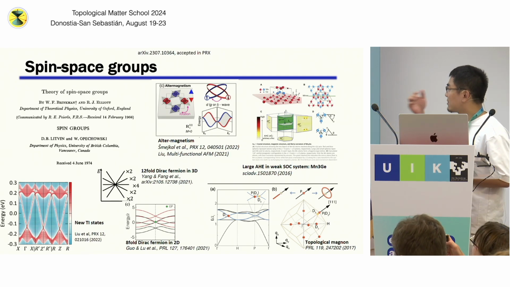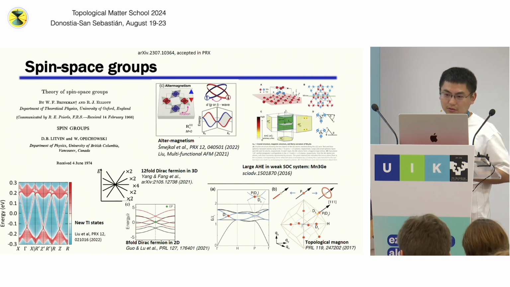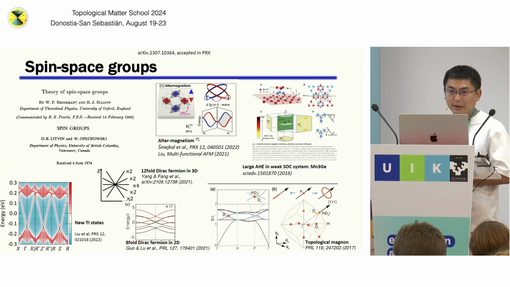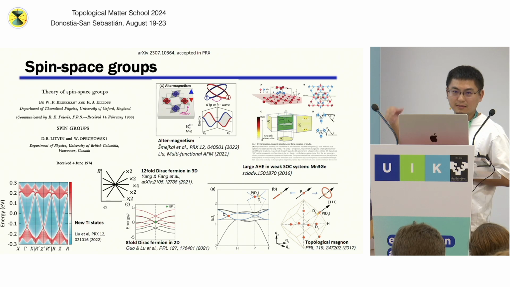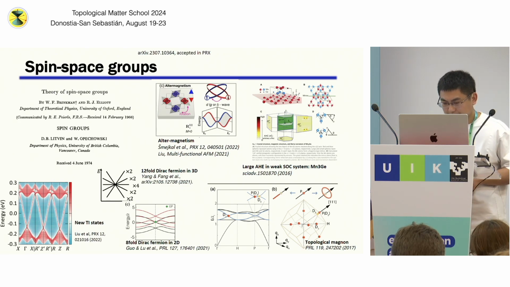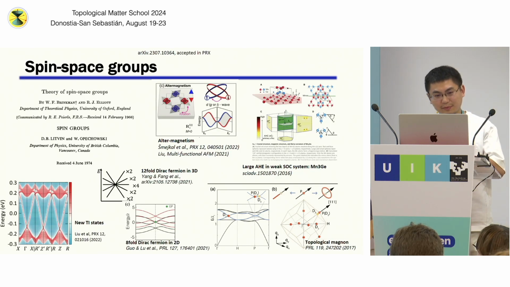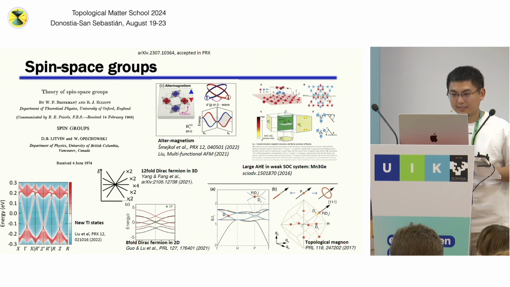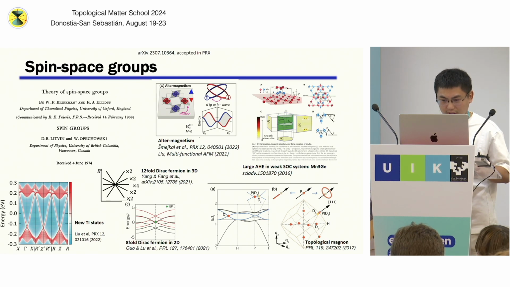And in recent years, this concept has drawn more and more attention, for example in so-called altermagnetism, and in some novel topological states protected by such symmetries. A problem is that this spin space symmetry has never been fully classified. So our work tries to fully classify all these symmetries.